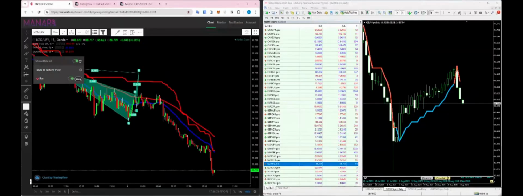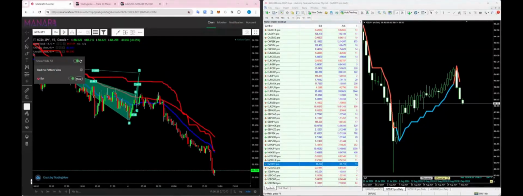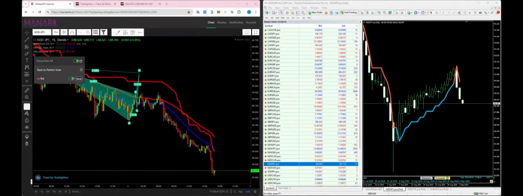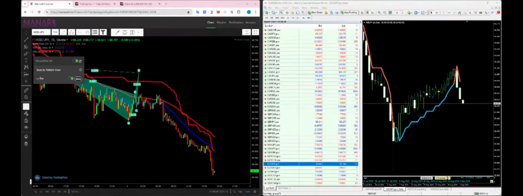It's a Manara screen, and on the right, it's an MT4. That's the way you should be looking at it. Let me know on the chat if you're looking at my two screens. Okay, perfect.